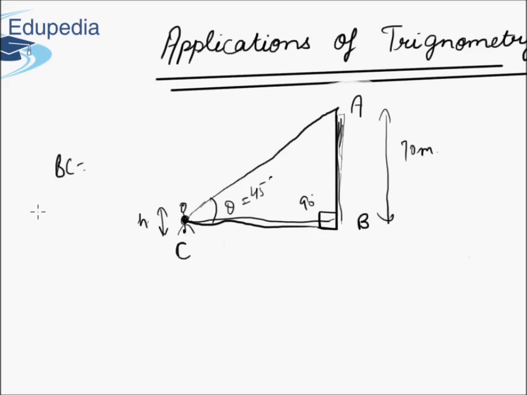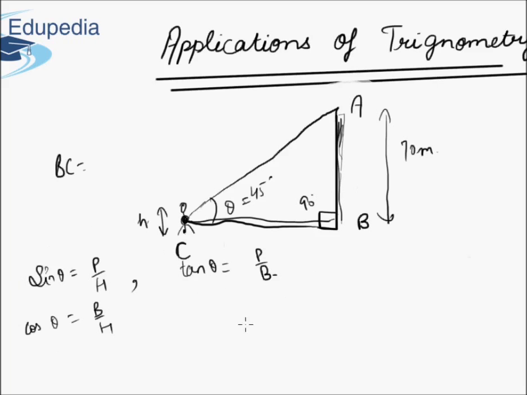Friends, we know that sine of an angle is perpendicular over hypotenuse, cos of an angle is base over hypotenuse, and tangent of angle is perpendicular over base. There are also some more trigonometric ratios like cosecant, which is inverse of sine.